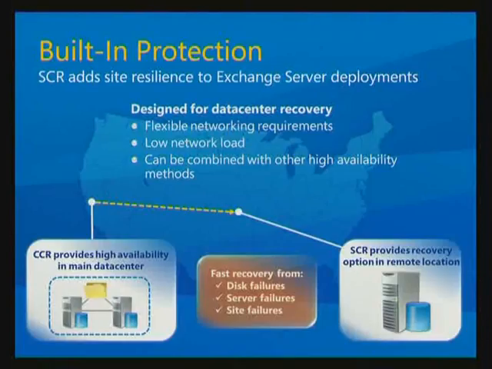Then, hanging off your passive node on the cluster continuous replication, you can have a standby continuous replication server. You can have that server located in a different geography. This allows you, in the case of an entire site going down, to fail over as a disaster recovery solution to that standby server. So it gives you that extra added protection: cluster continuous replication as your high availability, and standby continuous replication as your disaster recovery.